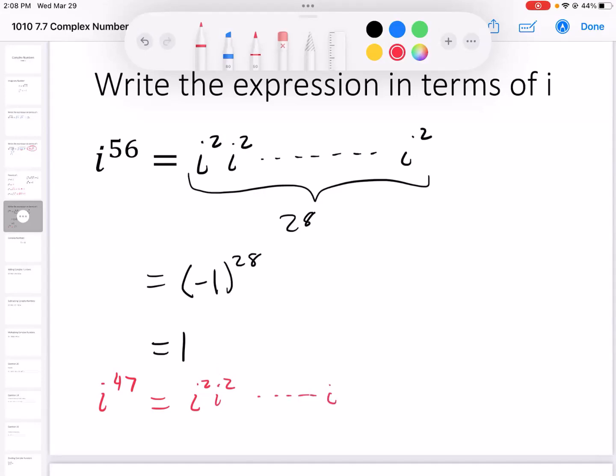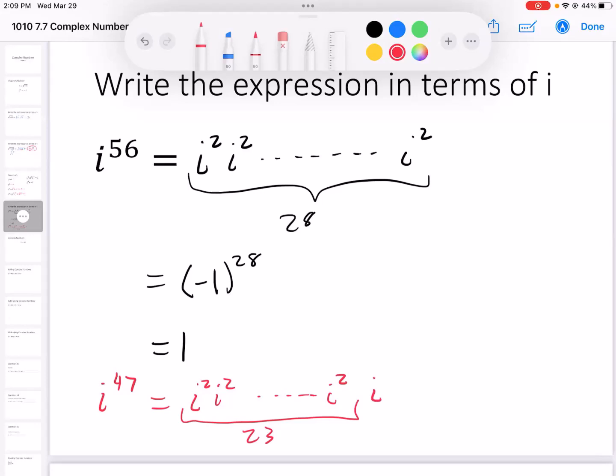I'll just draw some dots for that. And then I also have an extra i that is not squared, right? Because I could use 46 of my i's to make 23 i squareds. And then I would also have another i.